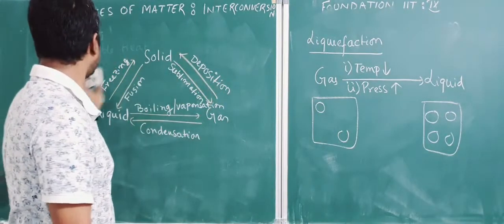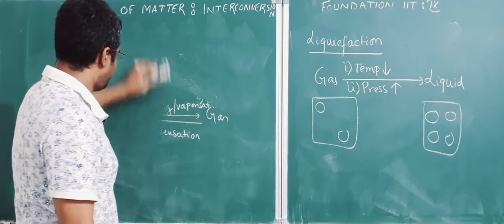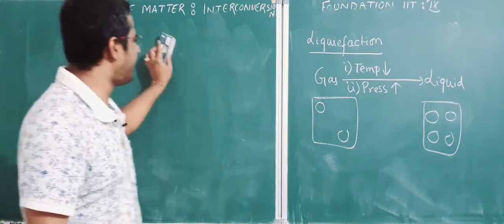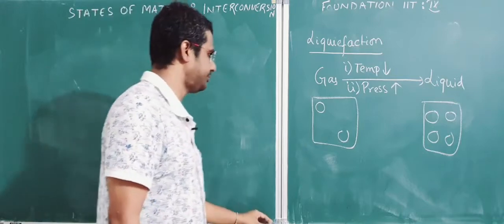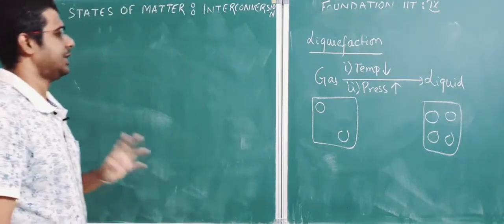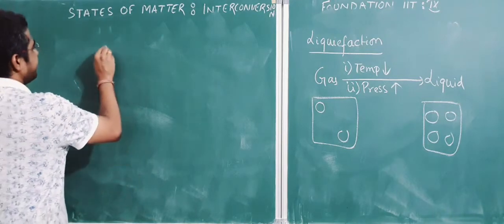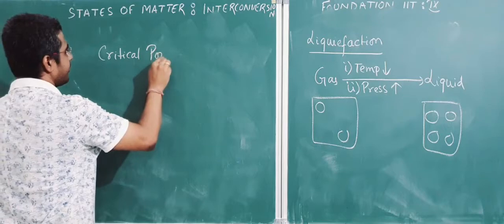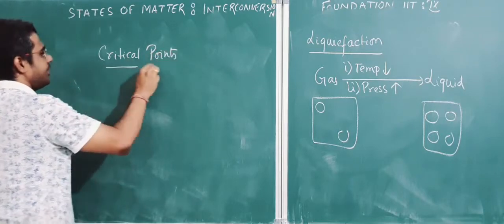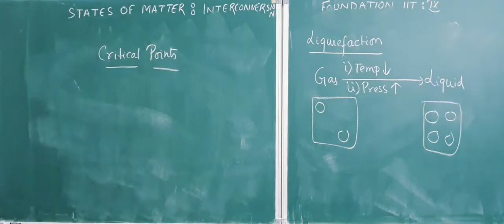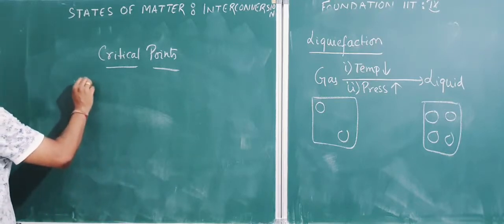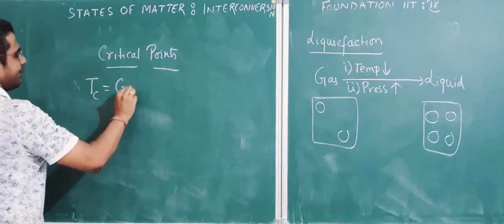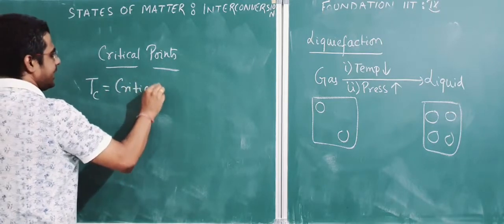Now the question again comes, why take the help of pressure when I can do it by temperature? Well, there is a point called critical points. This is very important. There is a temperature which we know as Tc, which is critical temperature. Please write down. Critical temperature.